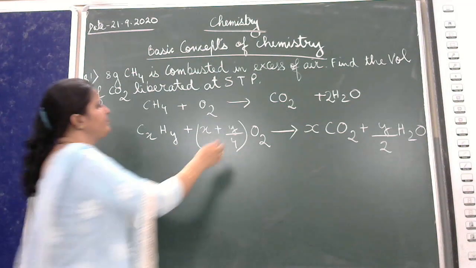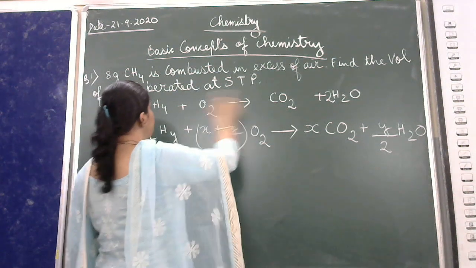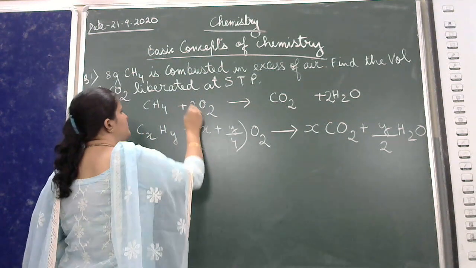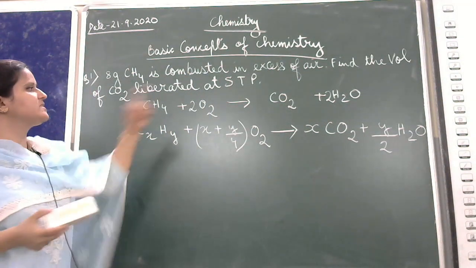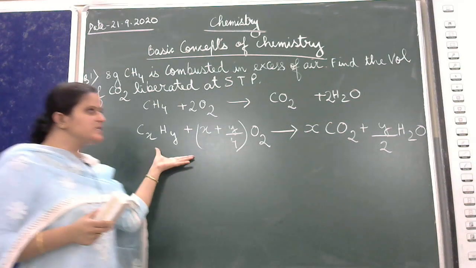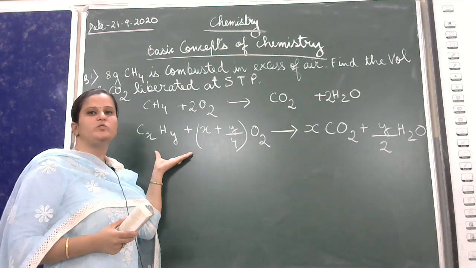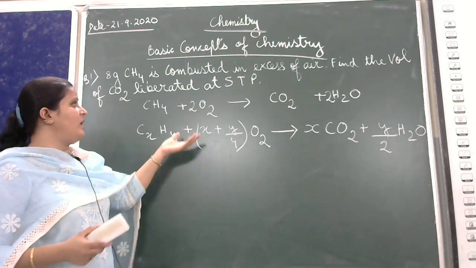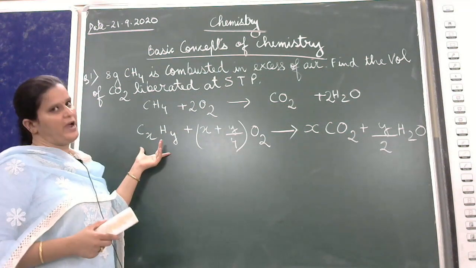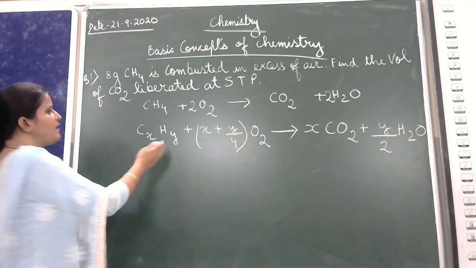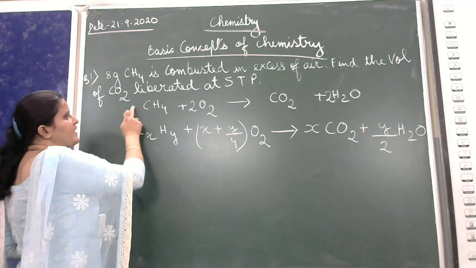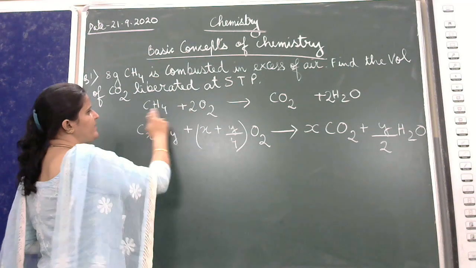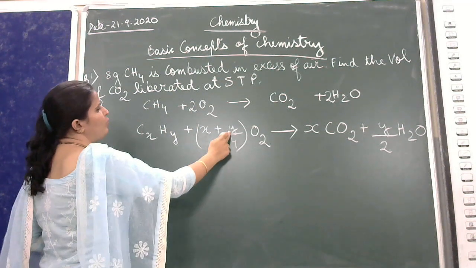Here also see, one carbon, there are 4 hydrogen, and oxygen. This is the general formula which will help you to balance any combustion of hydrocarbon. Okay, so see, if you use that formula, you can actually balance this also. What is x here? Here x is 1 and y is 4.